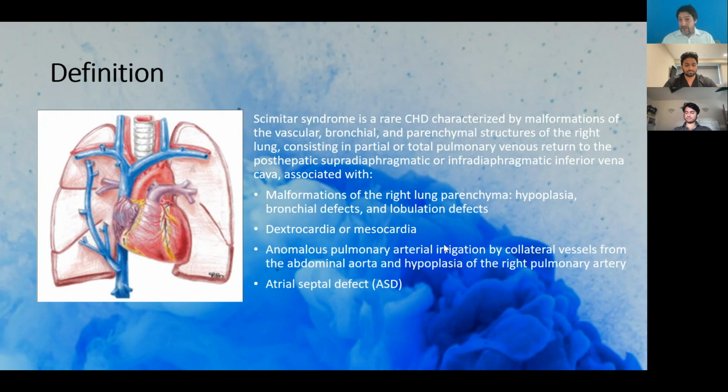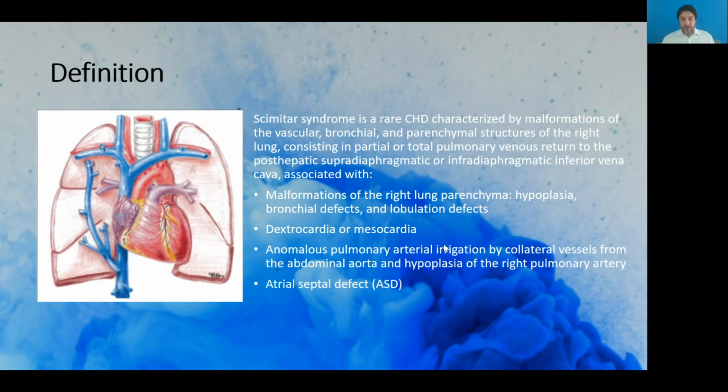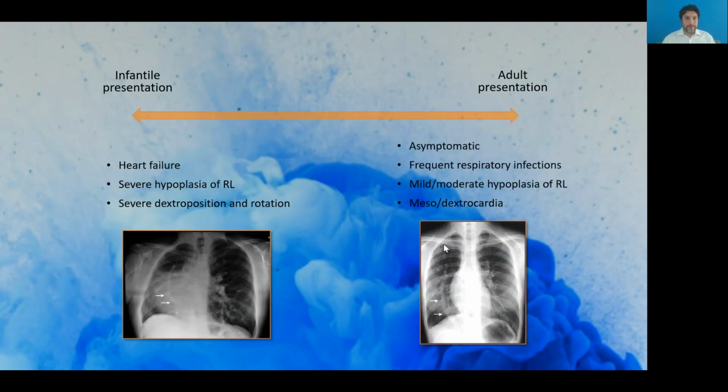These vessels are almost the rule, especially those vessels that are born in the proximities of the celiac trunk. So it is very important to keep that in mind. You need to go and look for them and eventually close them if the patient is symptomatic. And of course, there are many times in which this defect is accompanied by an atrial septal defect.